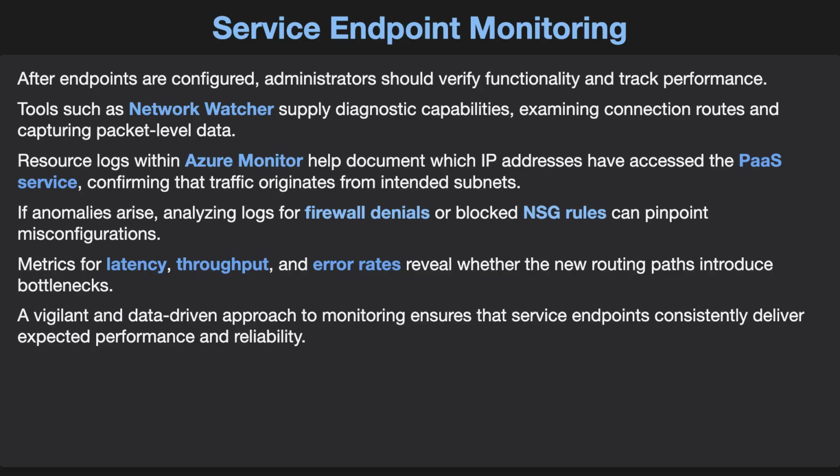If anomalies arise, analyzing logs for firewall denials or blocked NSG rules can pinpoint misconfigurations. Metrics for latency, throughput, and error rates reveal whether the new routing paths introduce bottlenecks. A vigilant and data-driven approach to monitoring ensures that service endpoints consistently deliver expected performance and reliability.